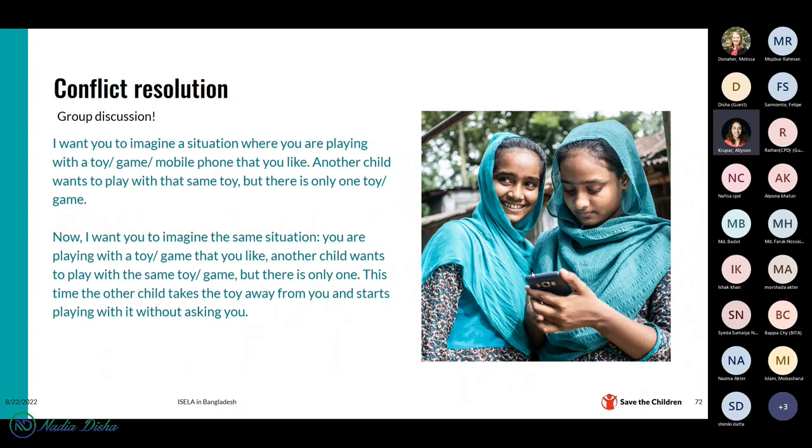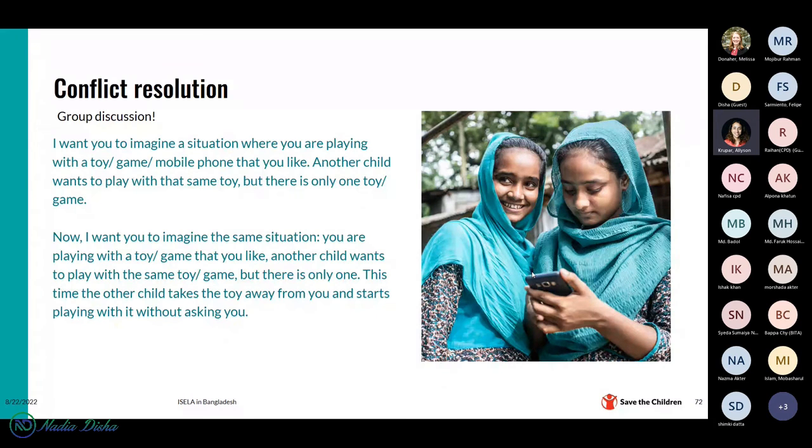And honestly, I've done role play with enumerators for this so that they're acting this out. But basically what we ask is for the child to imagine a situation where they're playing with a phone or a game or a toy that they like. So here I have a picture of two girls playing with a phone. And then the other child wants to play with the same toy, but there's only one.